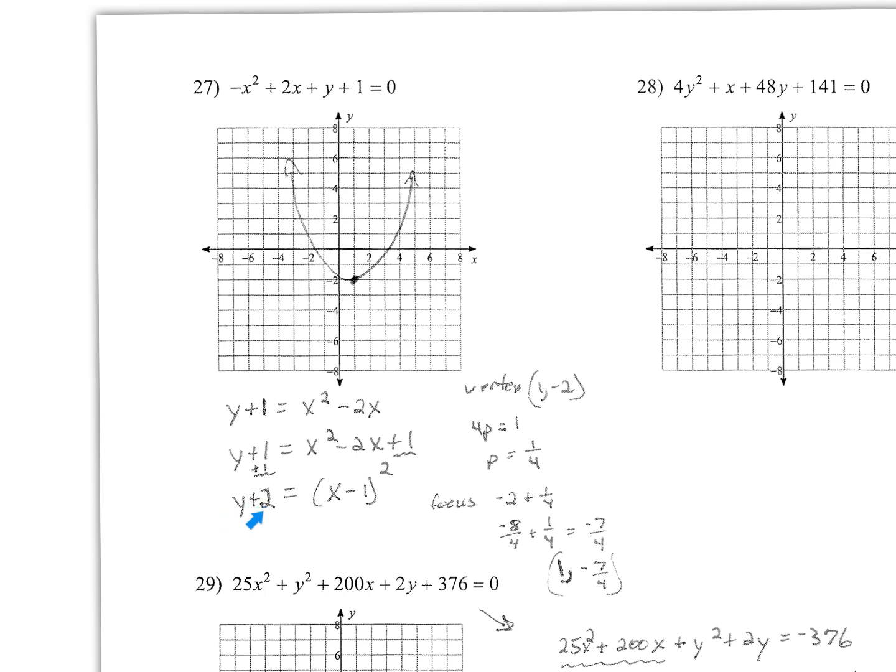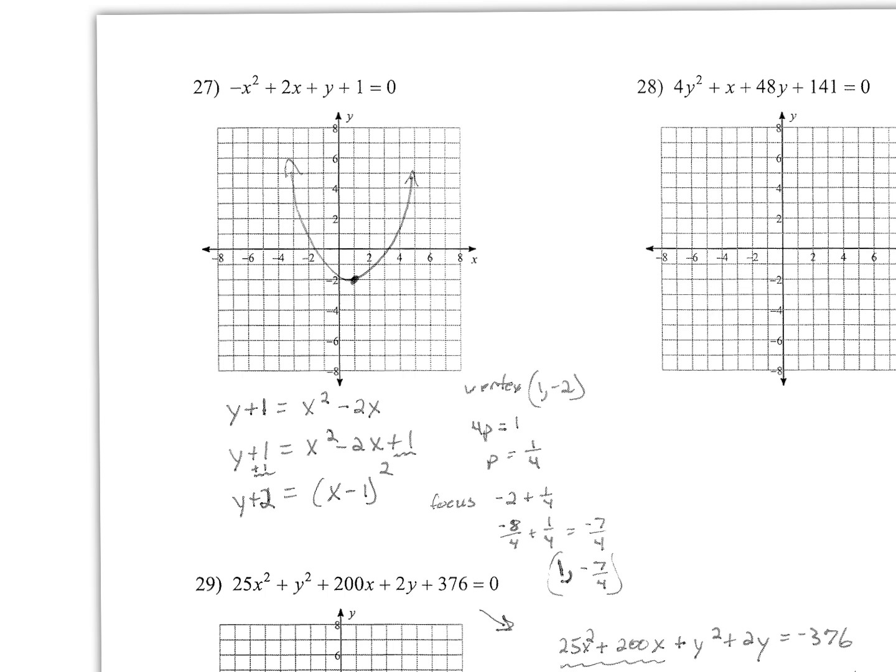So now it says y plus 2 on the left. And when we factor this x squared minus 2x plus 1, we get x minus 1 squared. So that's our equation: x minus h squared equals 4p times y minus k. Now, you can see that the 4p is actually equal to 1. If this was in parentheses, we would put a 1 here.